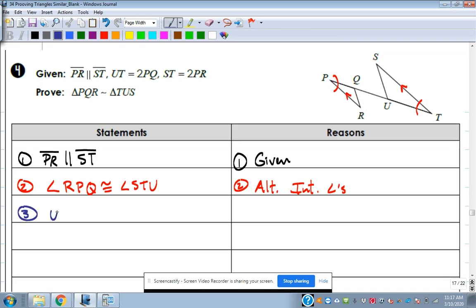I'm going to go ahead and get the rest of my given written in here. And then ST. All right.